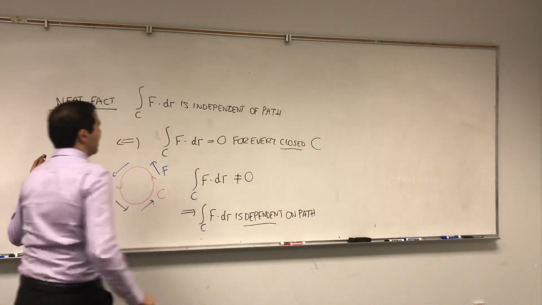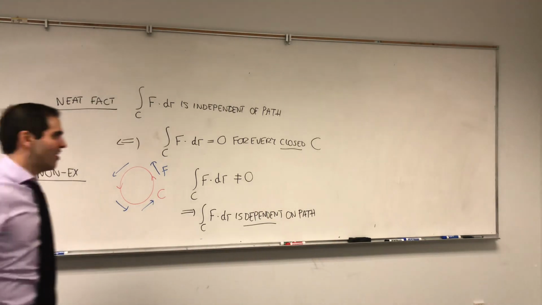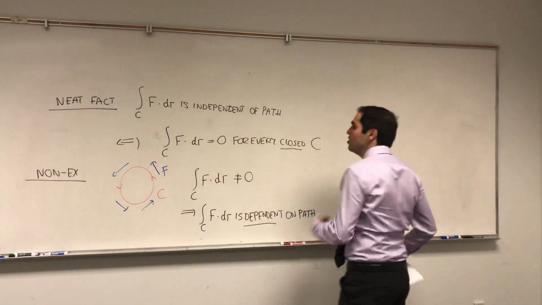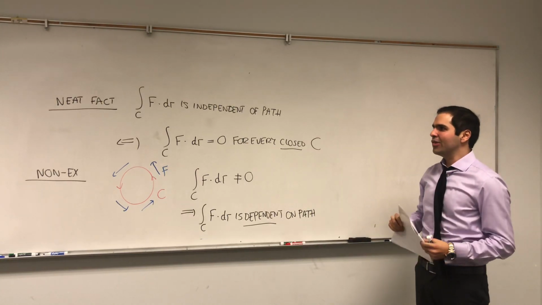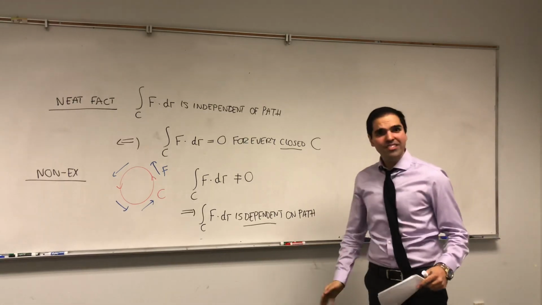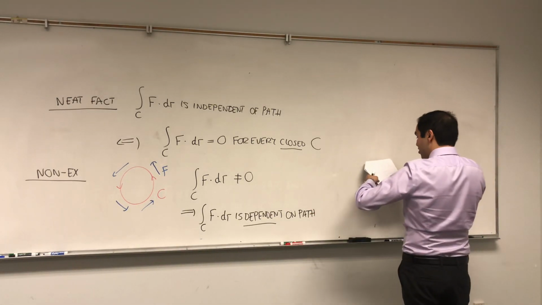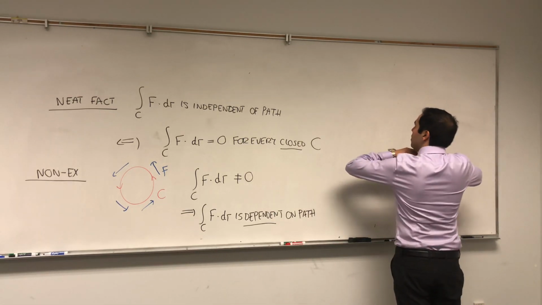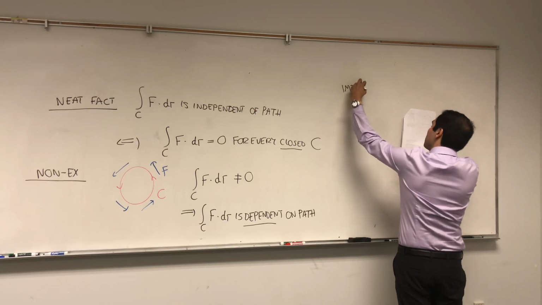All right, and then the question is, so this is already a better test, but still not satisfying because it's still annoying to check that for every closed curve, the line integral is zero. It turns out there's an even easier criterion, which is as follows. So, important fact.